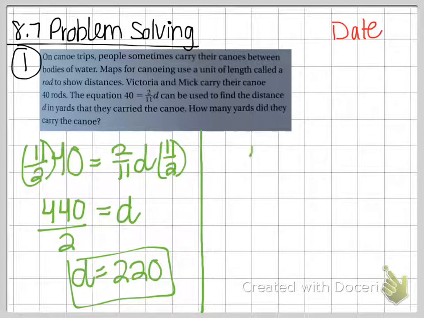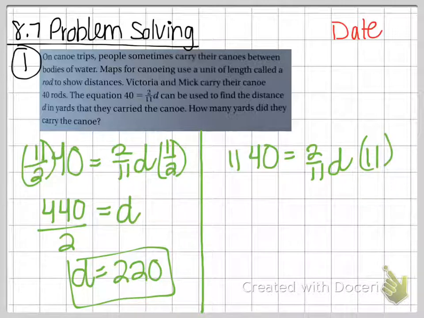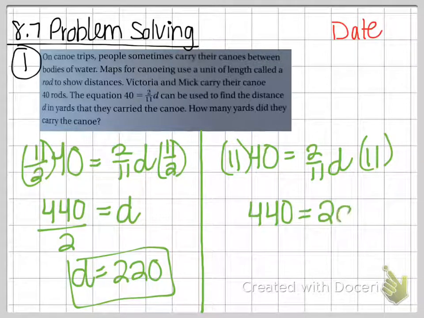So again, you have the same equation, 40 equals 2/11 d, and you're going to multiply both sides by its denominator. So multiply both sides by 11, you get 440 equals 2d. So I'm only able to get rid of that 11.